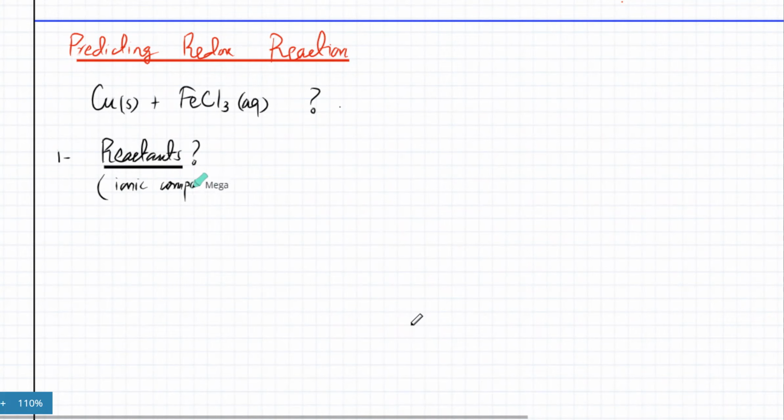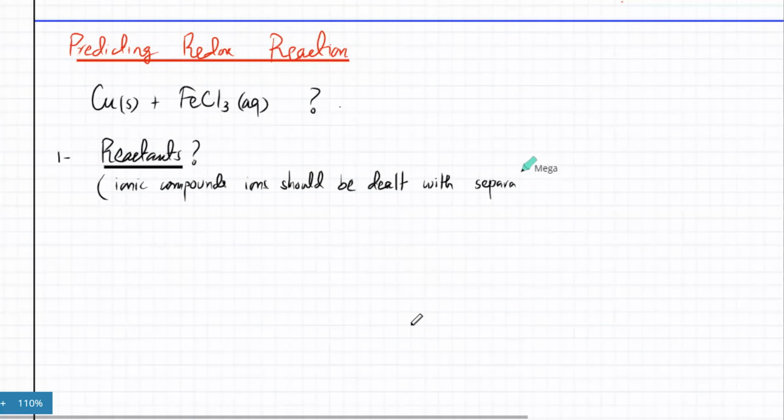So ionic compound ions should be dealt with separately. In this case, it's FeCl3 aqueous, but you won't find an equation where FeCl3 is gaining electrons. It's either Fe3+ or it's Cl-1. It has two separate ions, so ions should be dealt with separately.